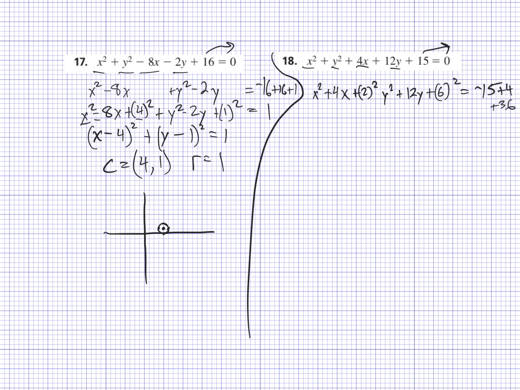So what do we have? We have x plus 2 squared plus y plus 6 squared equals negative 15 plus 4 is negative 11. Negative 11 plus 36 is 25. So our center is at negative 2, negative 6, and our radius is 5.